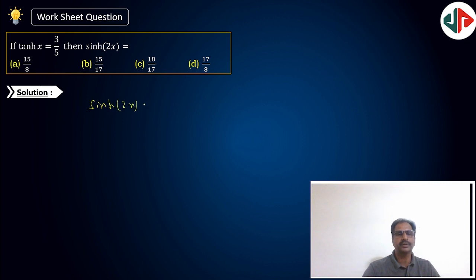Tanh x is given, you have to find sinh 2x. The formula for sinh 2x in terms of tanh is 2 tanh x by 1 minus tanh square x.